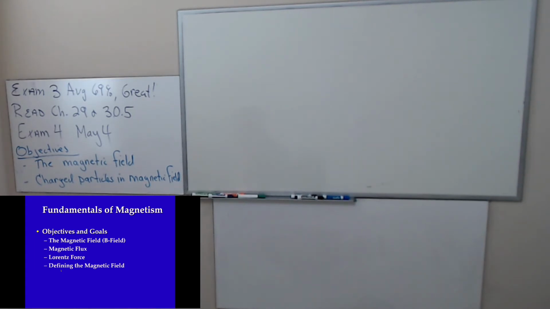So the first 4 items that you see on the PowerPoint slide discuss basically the properties of a magnetic field and the force on a charge in a magnetic field. And then in the lecture on Thursday, I will talk about the force on a wire in a magnetic field and some applications, mainly the electric motor.